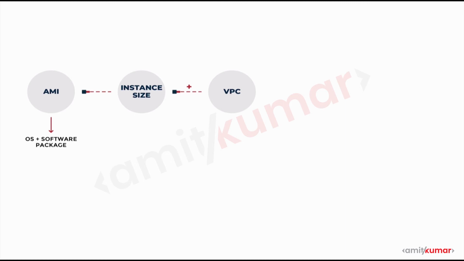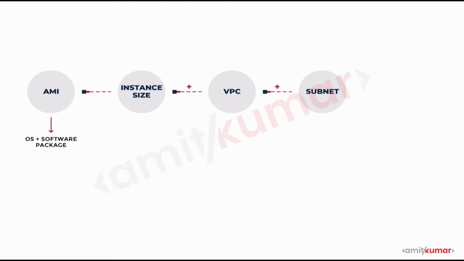And VPCs have multiple subnets, at least one subnet within it. And these subnets have IPs available. So since our EC2 instances need IPs, that is why they're placed inside a subnet. And since a subnet is part of a VPC, we need to first select the VPC, then the subnet under it.